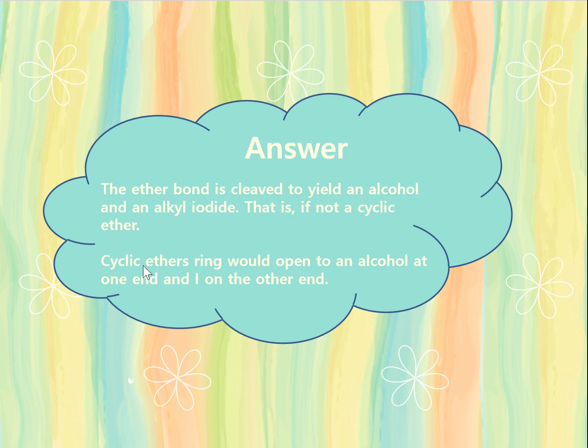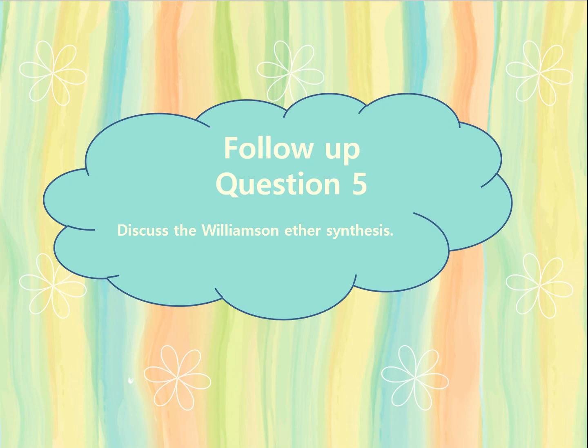If you have a cyclic ether, the ring will open as we saw, and one side of the ring would have the alcohol while the other end will have the iodine. And our follow-up question 5 is, discuss the Williamson ether synthesis.